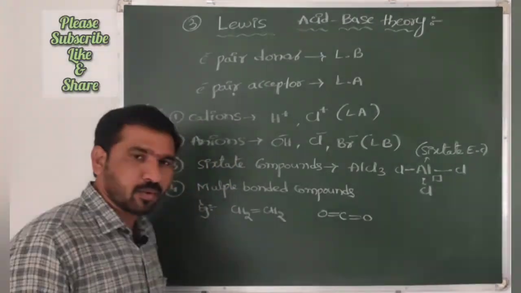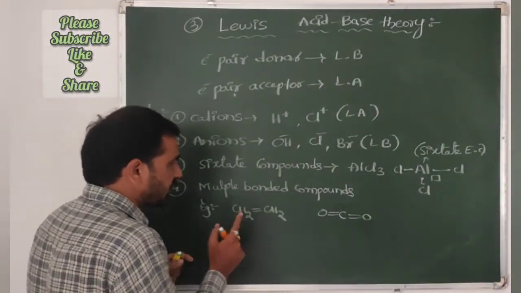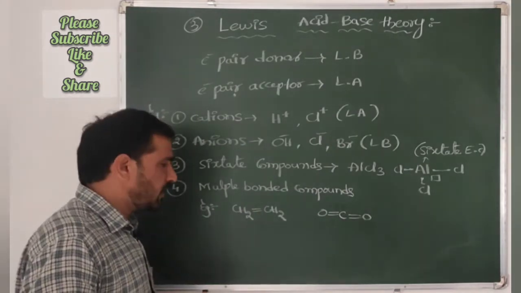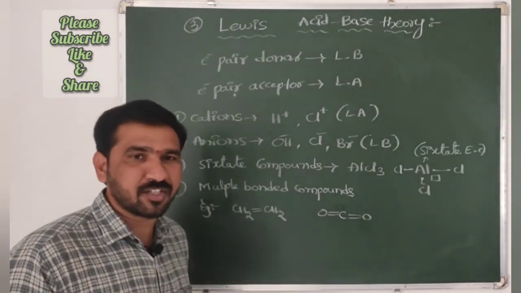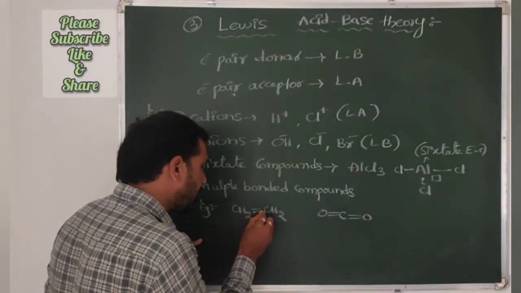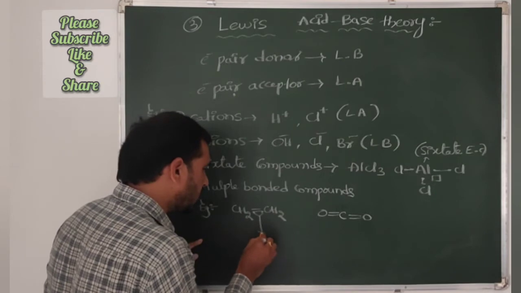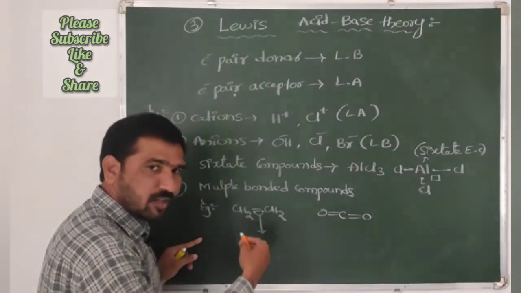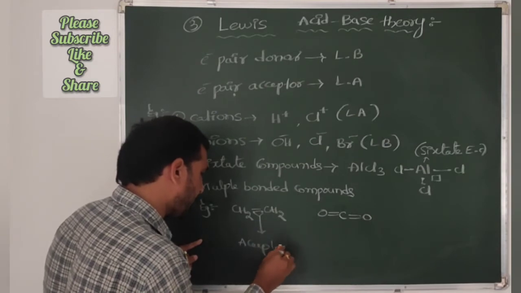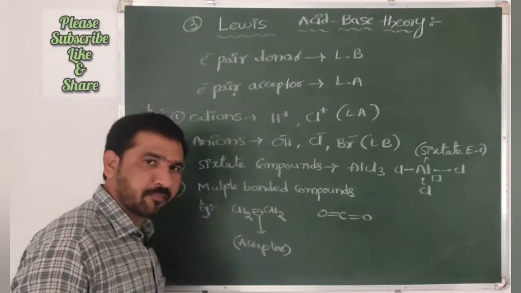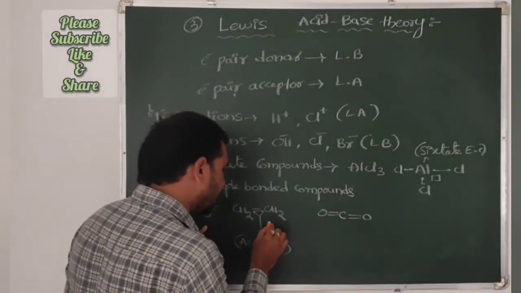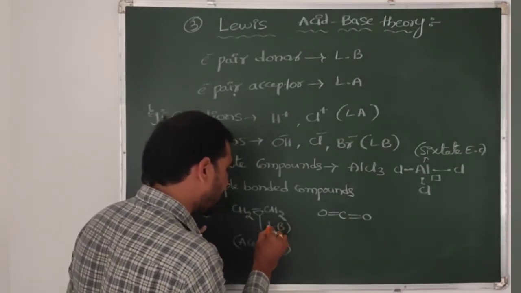But which is the Lewis acid and which is the Lewis base? Coming to the first compound, between C and C, both are identical atoms with a double bond, so there is no electronegativity difference between them. That's why the pair present in the pi bond is donated to an acceptor. So this compound is called a Lewis base.